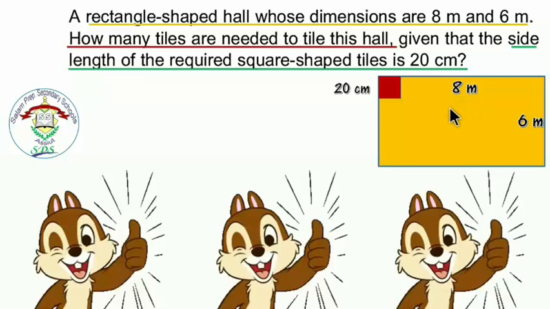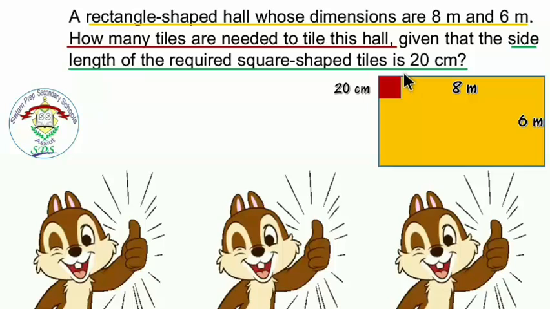Please look with me at this figure. This is a hole in the shape of a rectangle. The length of the rectangle is 8 meters. The width of the rectangle is 6 meters.